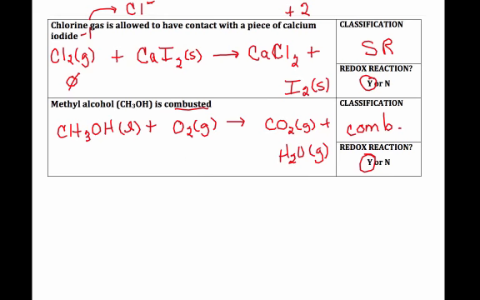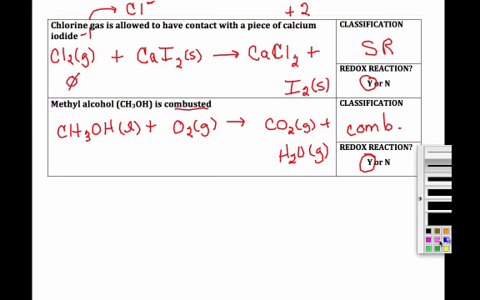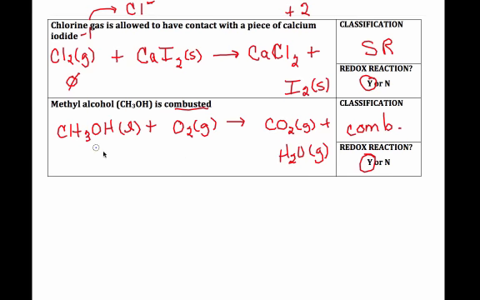And now our only task at this point is to balance this puppy. So 1 carbon, 1 carbon, 4 hydrogen, so I needed 2 here. That gives me 2 plus 2, that gives me 4 oxygens. Now, here's where you're going to go wrong. You might put a 2 in front of here, but don't forget, I have that oxygen there.